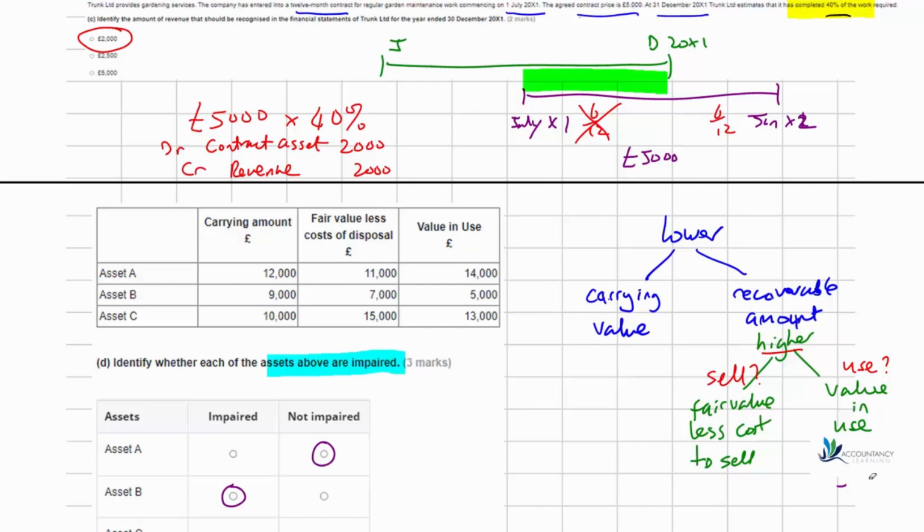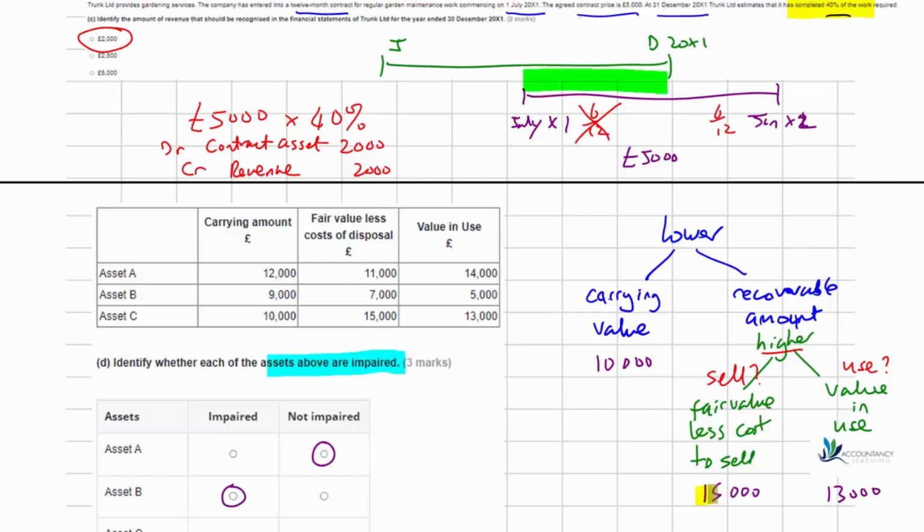And then finally, for asset C, in the accounts, it's got a value of 10,000. The fair value less the cost to sell is 15,000, so we could earn 15,000 by selling it. If we carry on using it, we could earn 13,000.